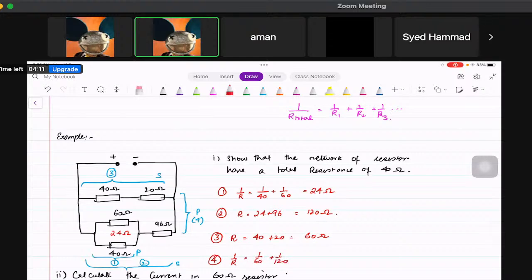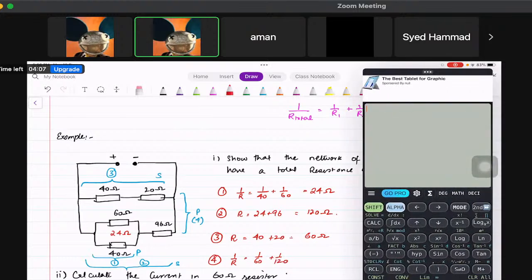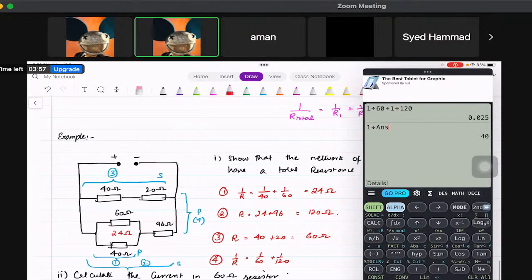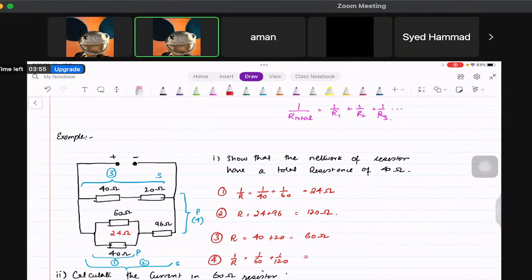Simply do 1 upon 60 plus 1 upon 120, and then 1 upon answer. So that's 40. The total resistance is equal to 40 ohms, and that's what I got as my answer. So I have shown this. All right, so that's equal to R. Now, any questions, please let me know.